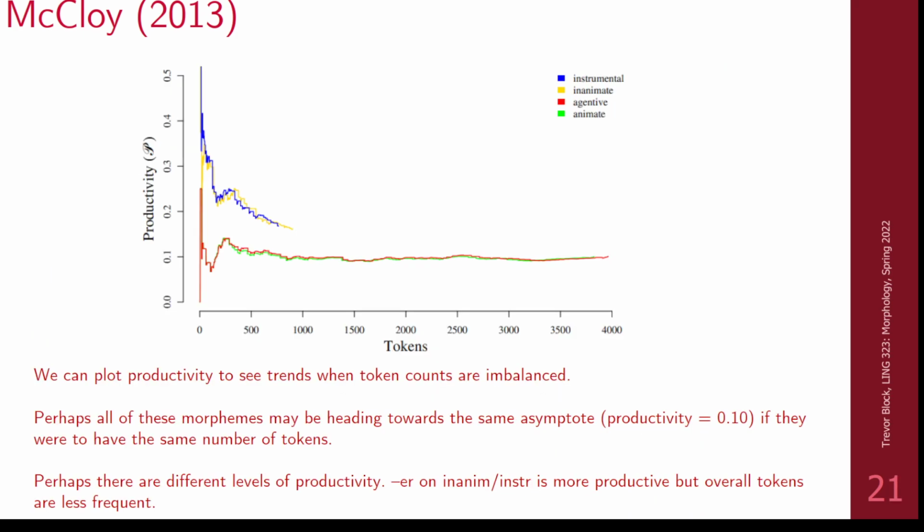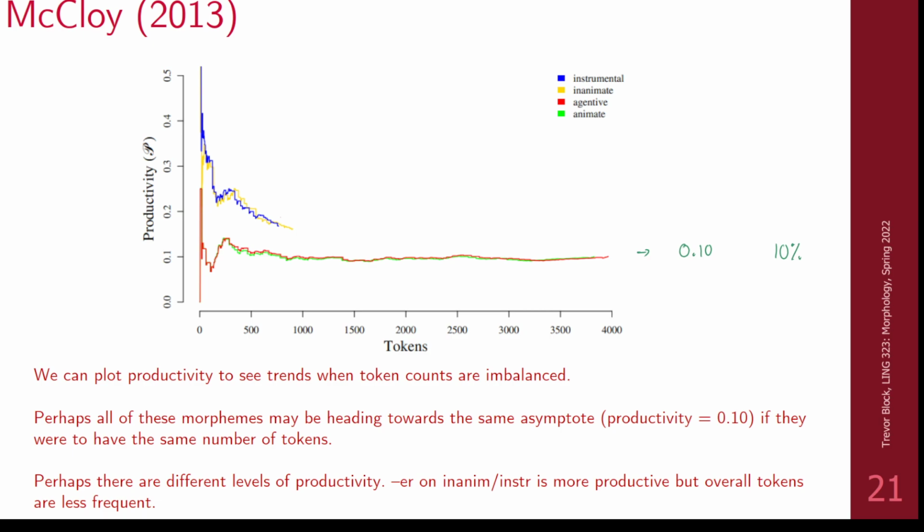So we can actually plot that, and that's what they did. And what I want to show here is the trend. So as you get more tokens of a word, you can see how productive it is, so how many new forms you're getting. So as they found more terms of agency and animacy, what they found is that it trended over time to roughly 0.1 or 10% productivity. Now, they didn't find as many inanimate tokens.